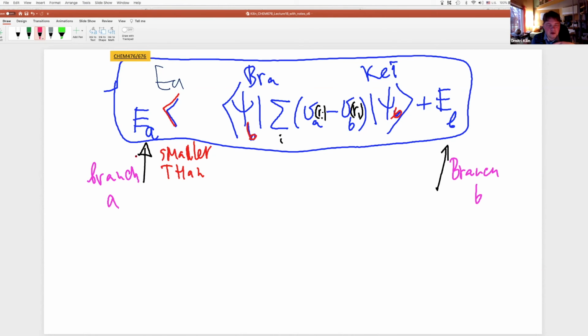And now our inequality arrives at the following one. Minimal energy for the branch A is smaller than expectation value of the difference of external potentials plus energy of the branch B.